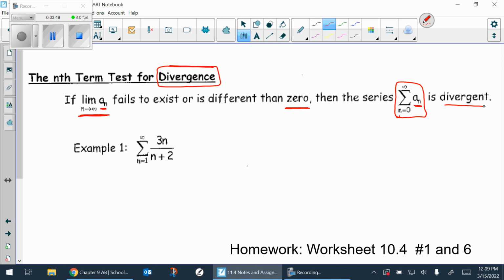All right, so let's take a look at this. We are going to take a look at this series in example 1. And we are interested in whether this possibly diverges by the nth term test. So what we're going to do is we're going to take the limit as n approaches infinity of the nth term, and this is the nth term right here.